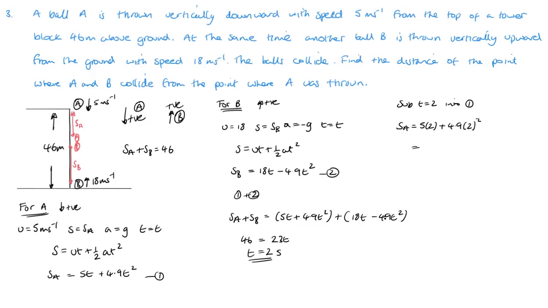So 4.9 times 2 squared plus that 10 gives me that SA is 29.6 meters, and that is the exact answer there. Okay, so it's 29.6 meters down. And there we have it, question 3 done.